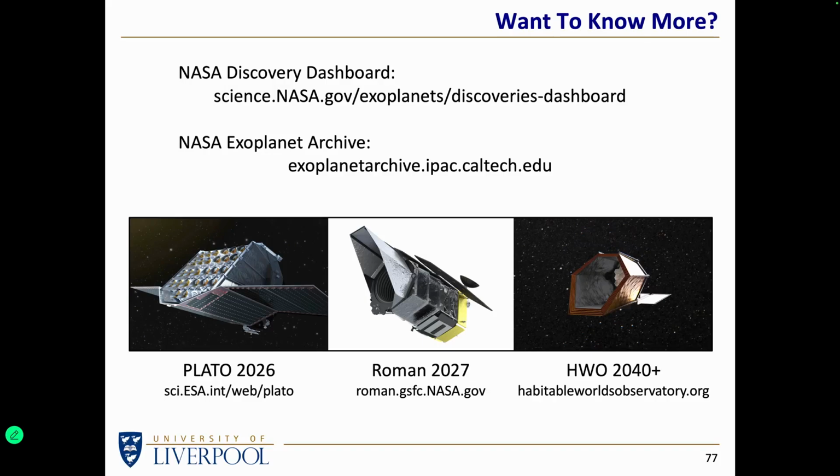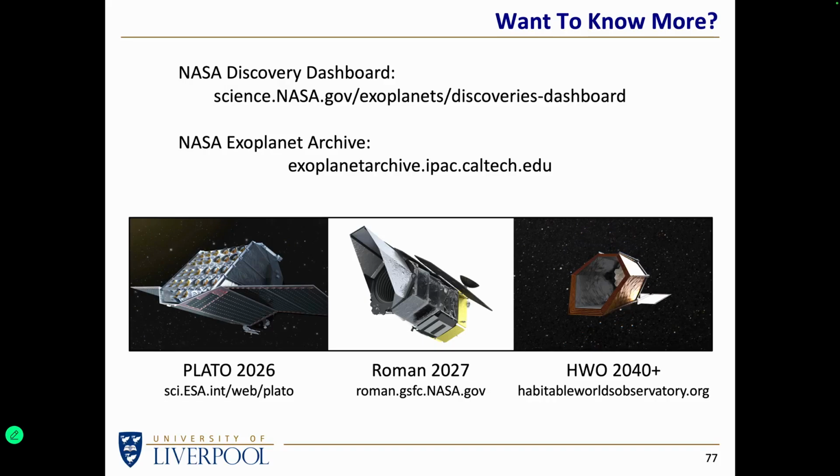And in terms of the near future, in the next few years, there will be more satellites, more space telescopes launched from the European Space Agency, Plato, and from NASA, the Nancy Grace Roman Space Telescope. In the next 2 or 3 years, there will be more missions coming online. In another decade or more, there will be more that are planned.